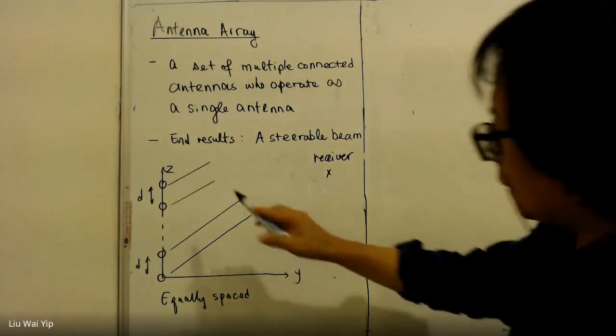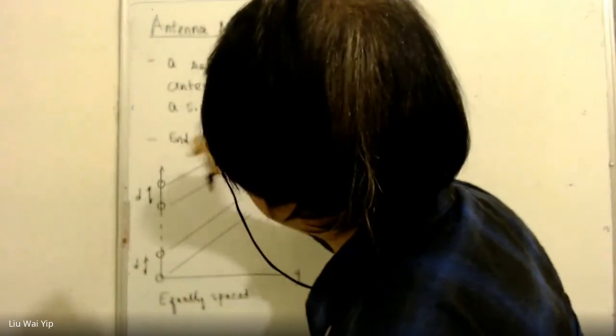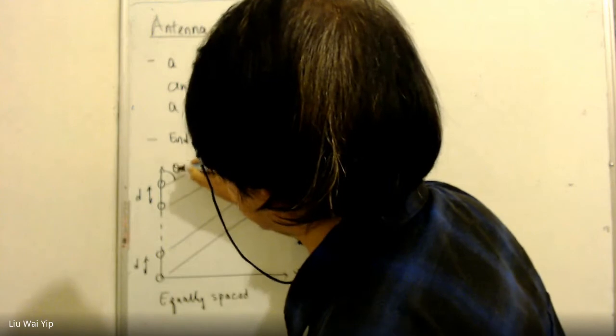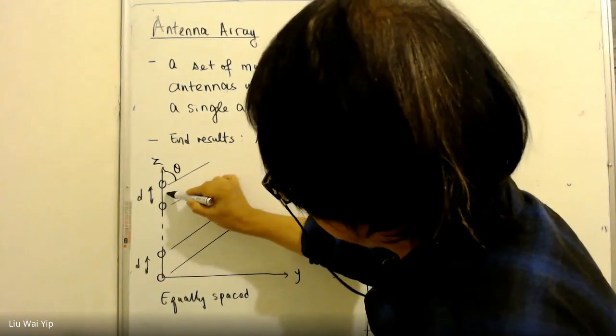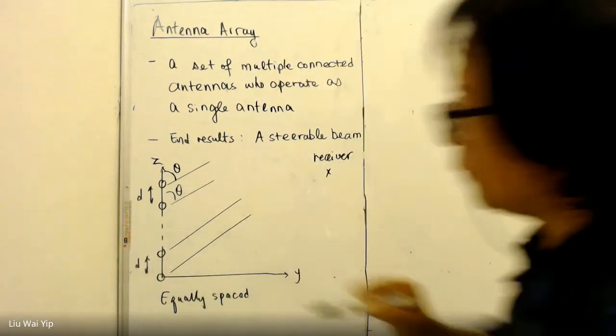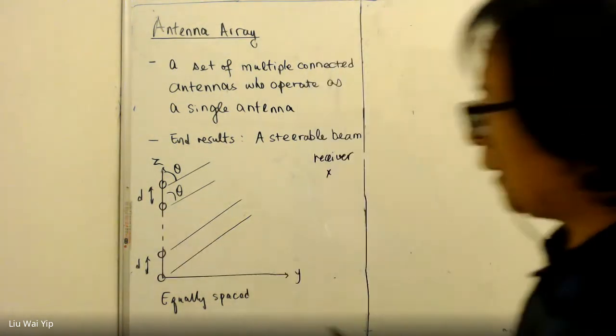So if the angle here is theta, then you will also encounter theta for the second antenna.